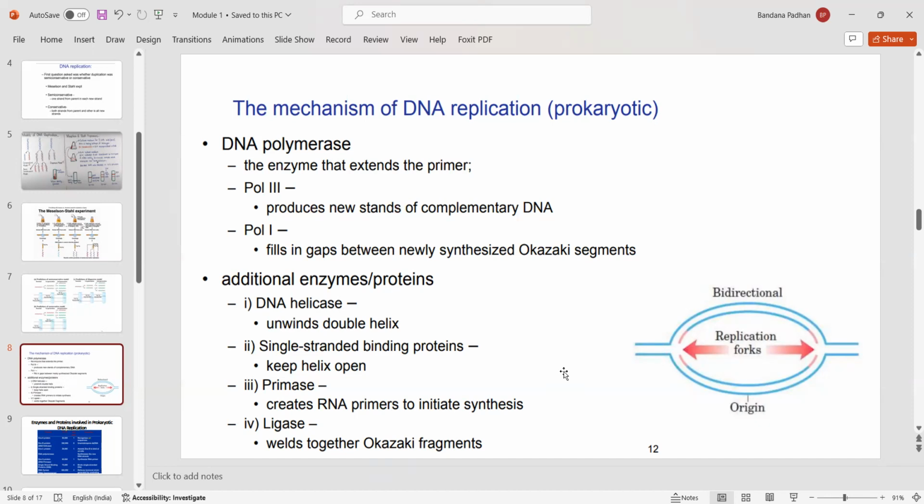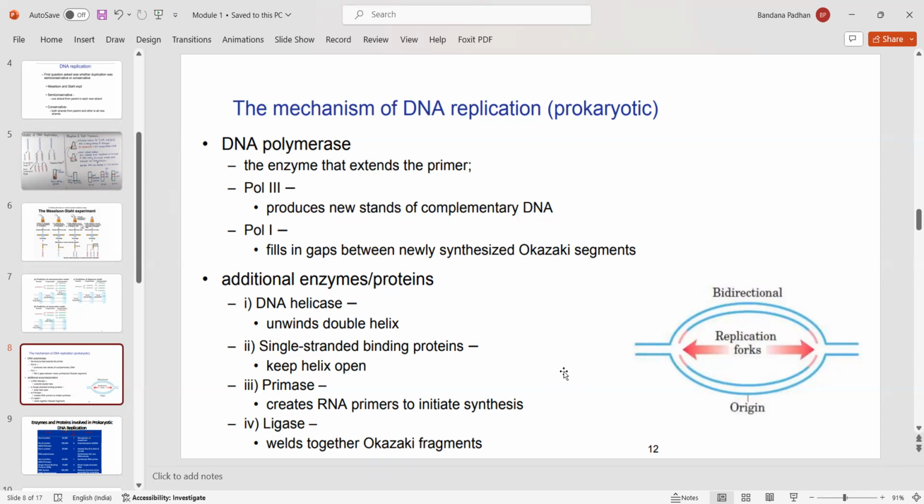As we know, DNA has the capacity of reannealing. Once we separate the strands, they have the capacity to rewind again. So that protein is useful for preventing both strands from rewinding.